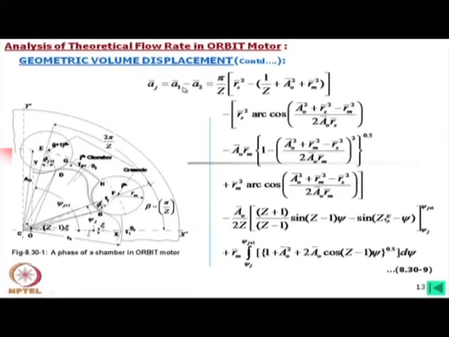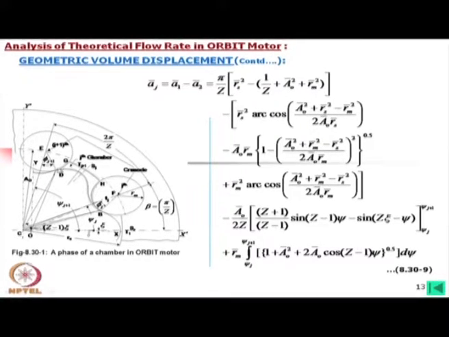So, what I have done, I have substituted all the findings, all the formulation in non-dimensional form, and ultimately this will be the area of a chamber at any instant. That means, when the shaft is rotated by this angle, we will get this area. If we consider any j and whether the rotation is 0, 1 degree, whatever it might be, if we substitute these values, we will get the area of a particular chamber.